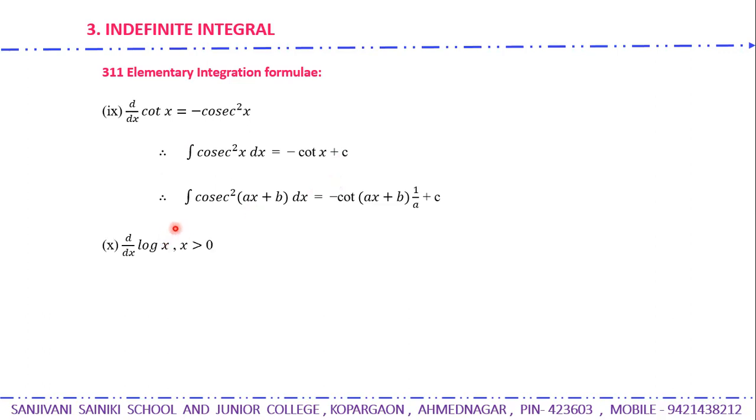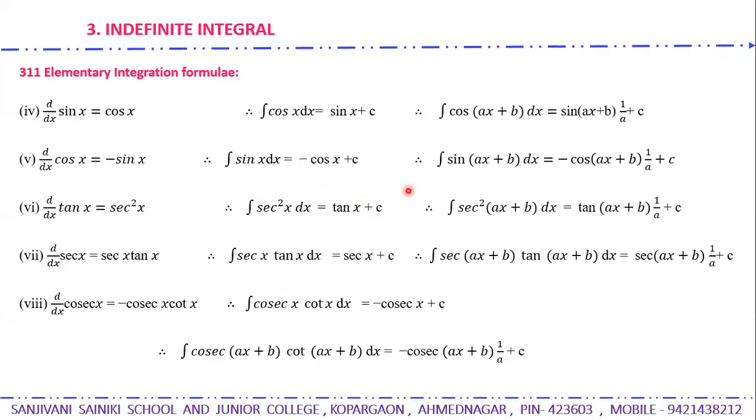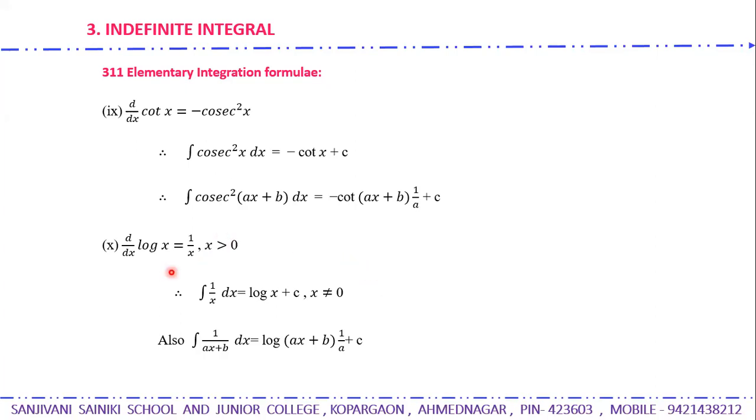Now d by dx of log x. D by dx of log x is 1 upon x. So the integral of 1 upon x is log x plus c. So the integral of 1 upon ax plus b is log of (ax plus b) into 1 upon a.